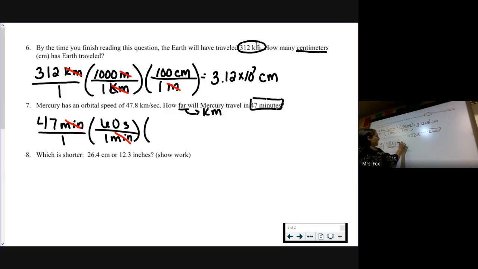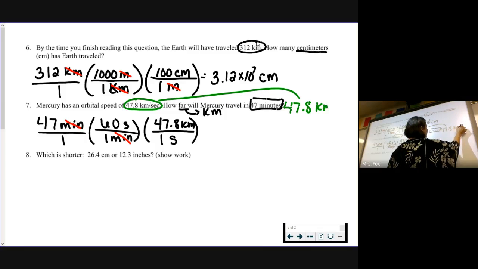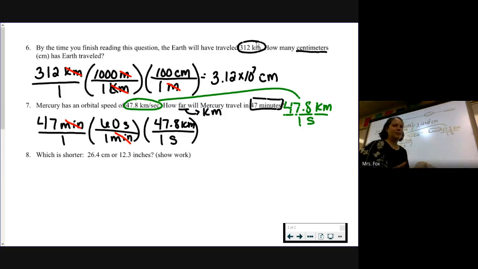Now, I'm going to use that ratio. I want to get rid of seconds, so I'll put 1 second in the bottom, 47.8 kilometers up top. Remember, this number right here could also be written as 47.8 kilometers over 1 second. That's what per second means. It's the bottom of the fraction.